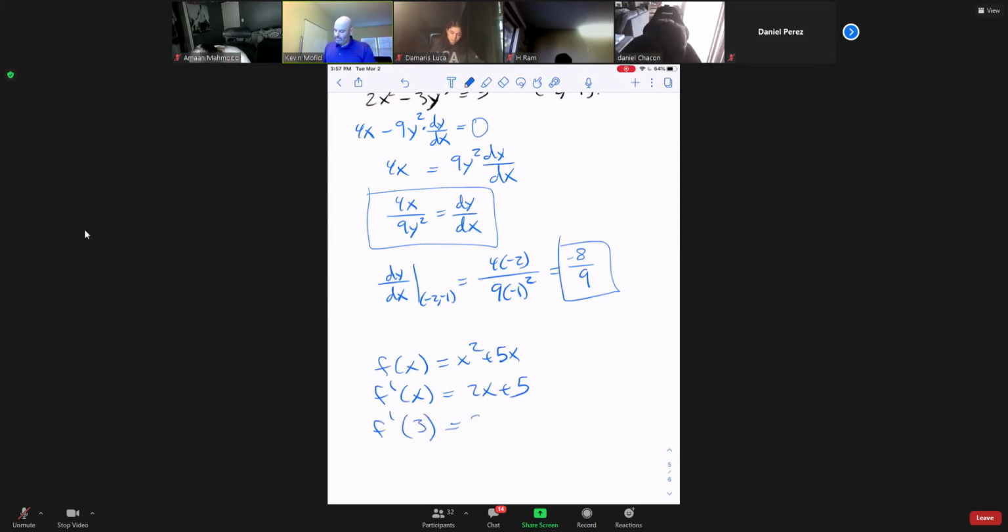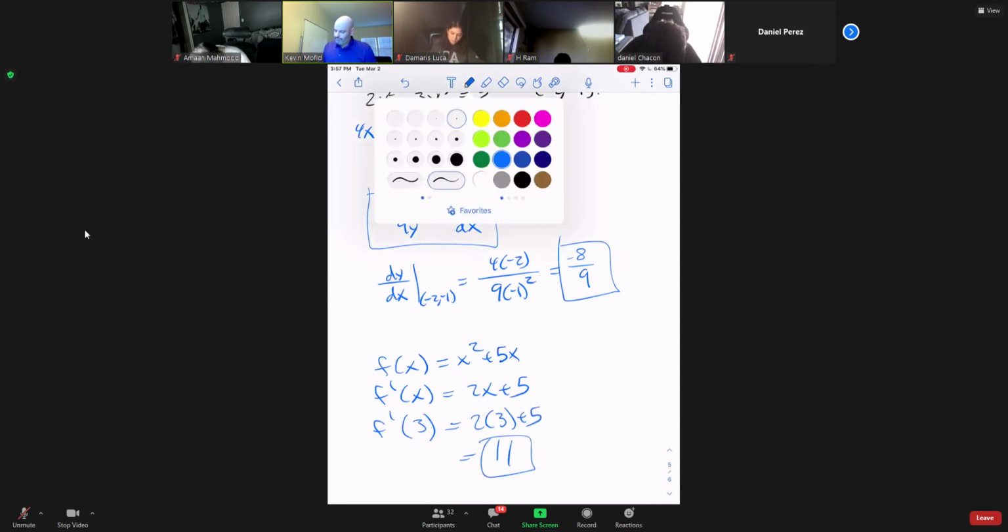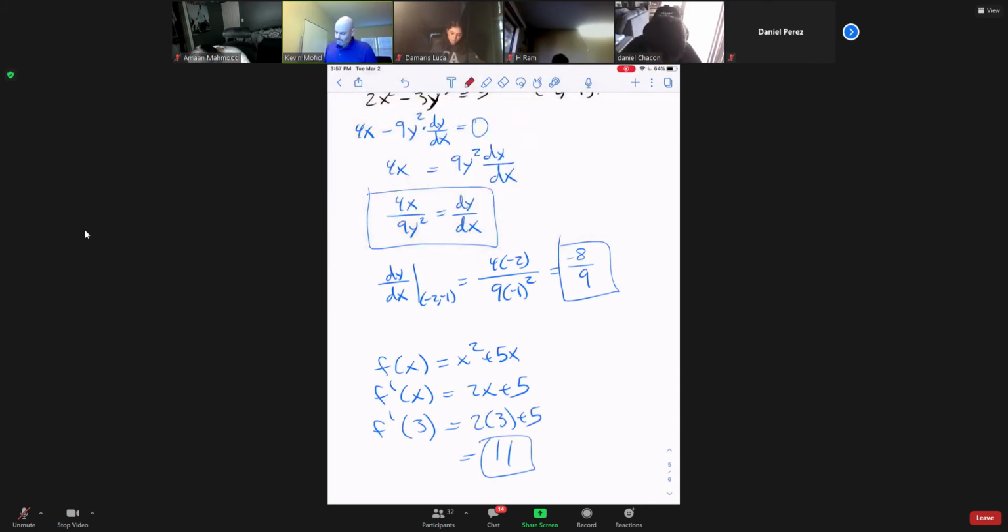You would say, oh, that's 2 times 3 plus 5, so 6 plus 5 is 11. So the answer would be 11. That f prime of 3 right here is the same thing as this. But now this is implicit differentiation. You've got the x and the y you've got to plug in. Does that make sense? Yeah, that makes sense.